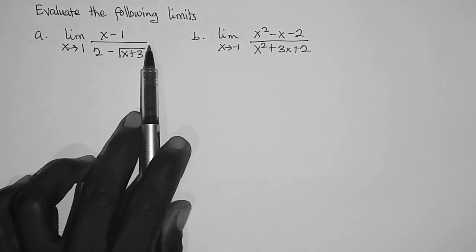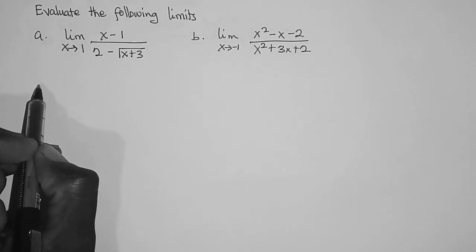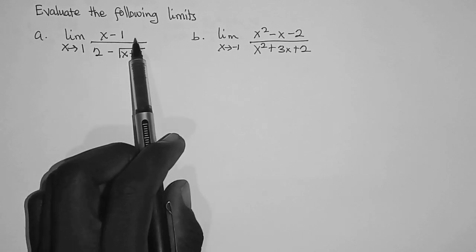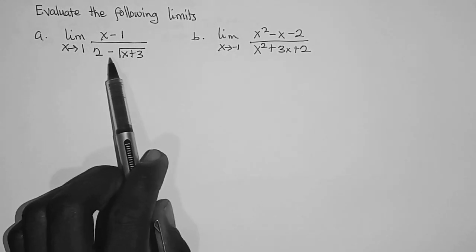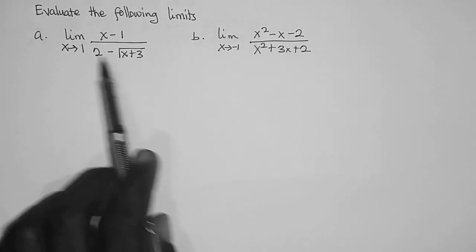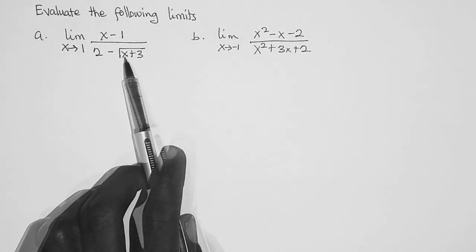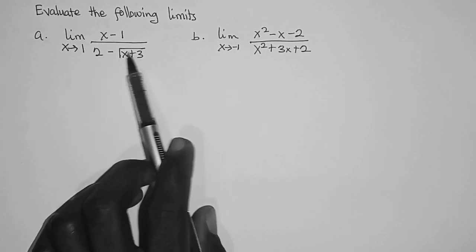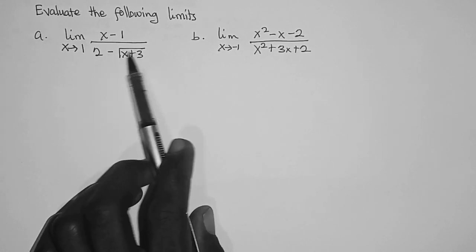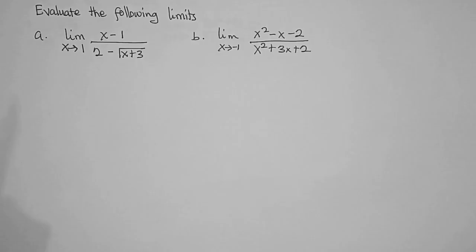Evaluate the following limit. So let's start with a. The a is limit as x approaches 1 of (x minus 1) divided by (2 minus root of x plus 3). You see that if you insert 1 into this function, the denominator becomes 0, which makes the function undefined. So what we need to do is to rationalize.